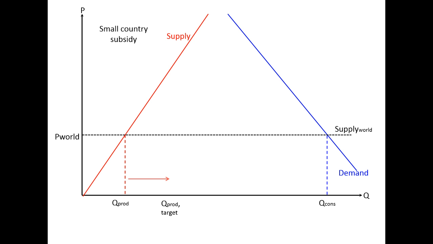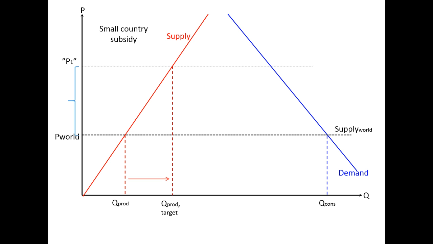We know that the government wants to increase the production inside this country up to Q production target, and we also know that this will give us a marginal cost for the last produced units that is given by the supply function up here. So we have to increase the price from P world up to P1 to cover that marginal cost, which we did with the tariff and with the quota.